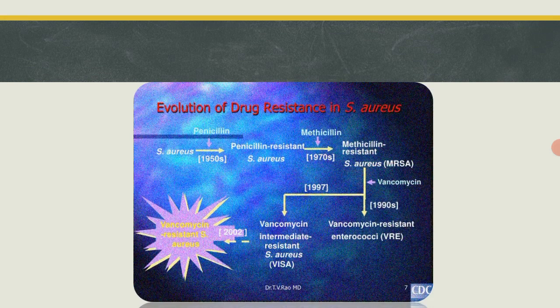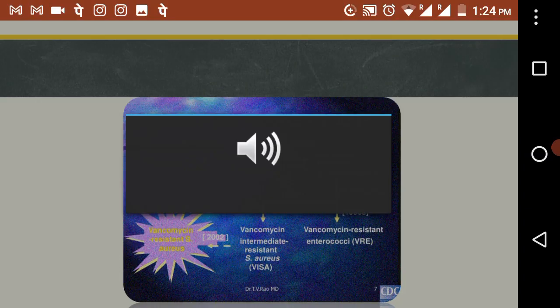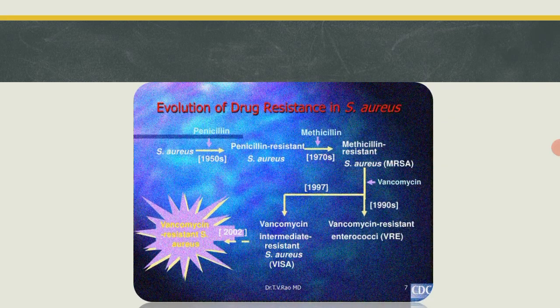Then in the 1970s, methicillin was developed, another antibiotic which showed effective results against this penicillin resistant S. aureus. Then after a few years, that penicillin resistant S. aureus again developed resistance against methicillin also, which we call the MRSA strain, methicillin resistant S. aureus.